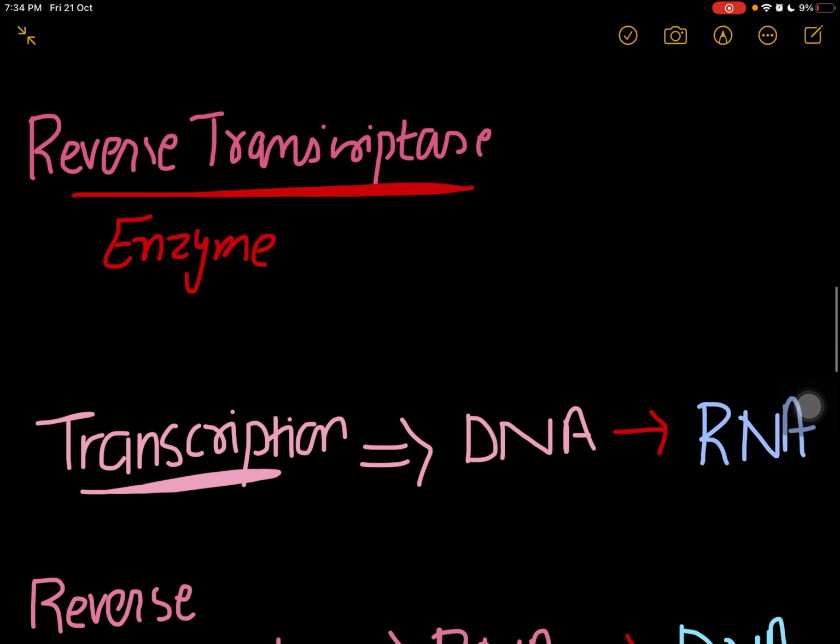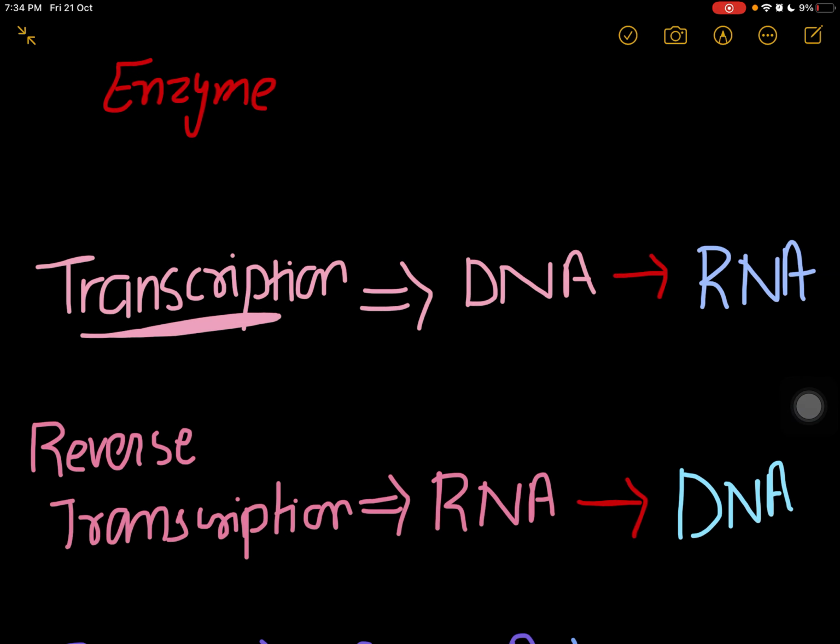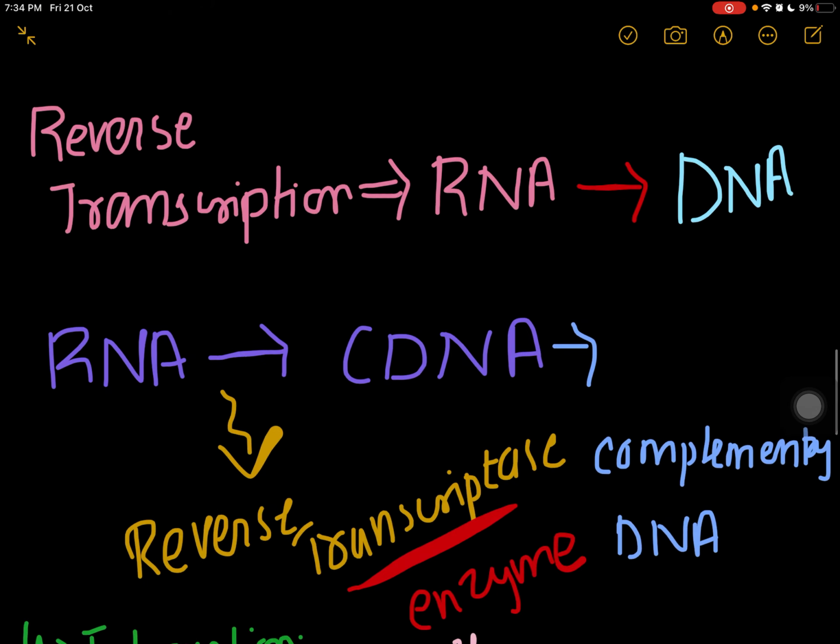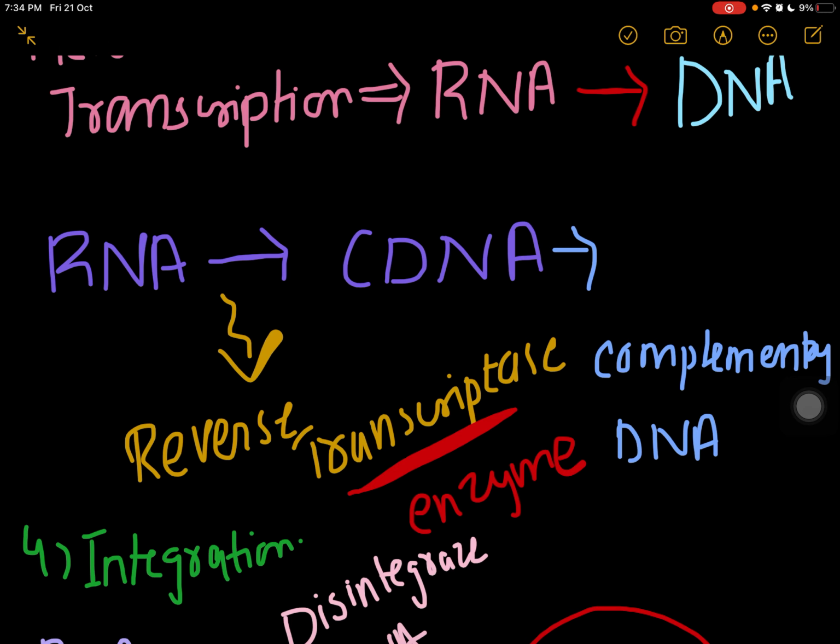Third is reverse transcription, in which the enzyme reverse transcriptase will work. So in transcription, DNA is converted into RNA, but in reverse transcription, RNA will be converted into DNA. Now RNA is converted into cDNA, which is complementary DNA, by the help of reverse transcriptase, right?